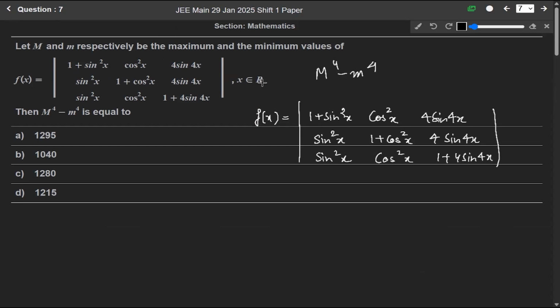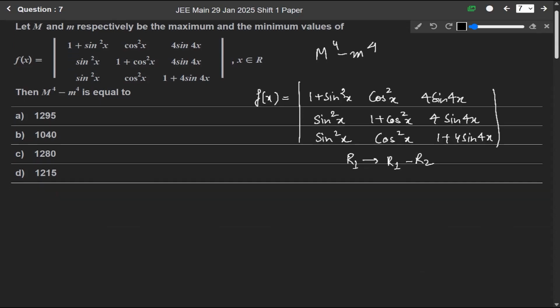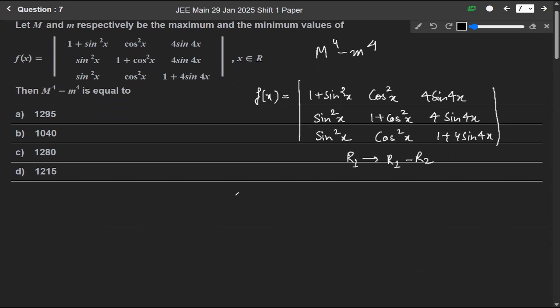Students, if we do R1 minus R2, then f(x) becomes: R1 minus R2 means the first entry is 1, this will be minus 1, and this will be 0.